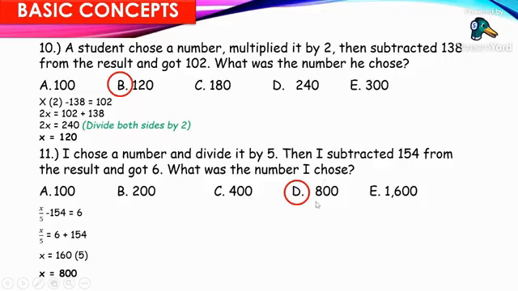So 800 divided by 5, then subtract 154, and that is 6. So 800 divided by 5 is 160 minus 154. The answer is 6.